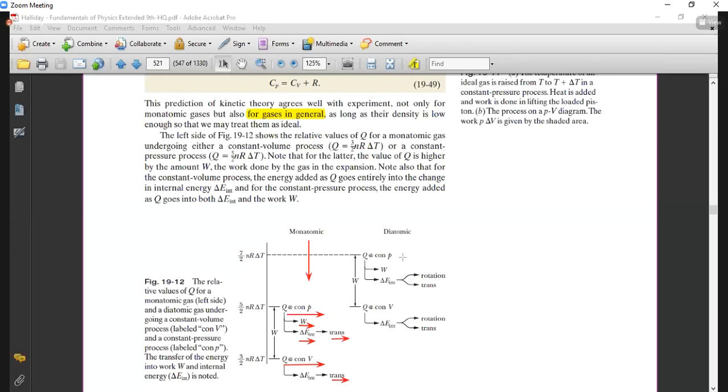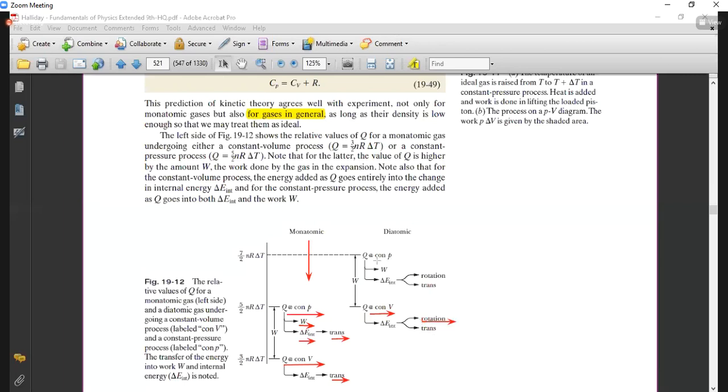Okay, so when you have a diatomic gas, in the case of a constant volume process, the heat is only increasing the internal energy, but internal energy in this scenario is equal to both rotational energy and the translational kinetic energy.